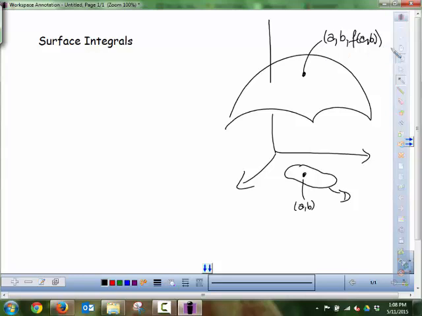So (a, b), f of (a, b), that's your z component, right? And I think last time we were talking about partitioning this up.